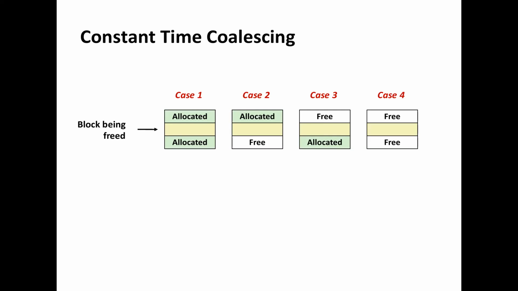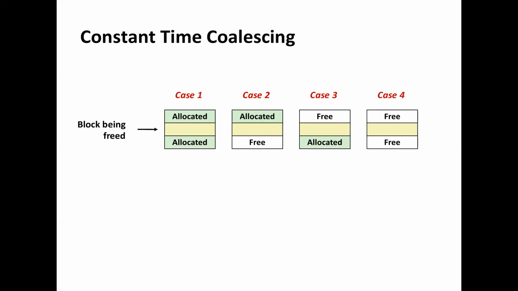The third case is that the next block is allocated, but the previous one is free. So then I'm going to coalesce with the previous one. And finally, both the previous and next are free. So I have to coalesce with both of them. And then my new large block is going to be shifted to the previous block. That's going to be a large free block.